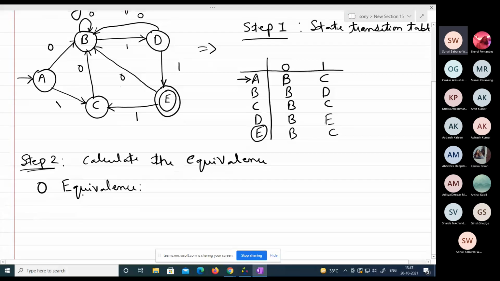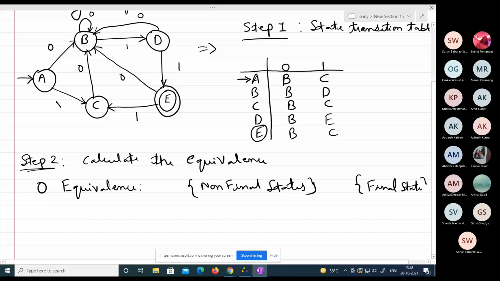In zero equivalence, what you have to do is make one set of non-final states and one set of final states. Is this clear? In zero equivalence, you have to make two sets.